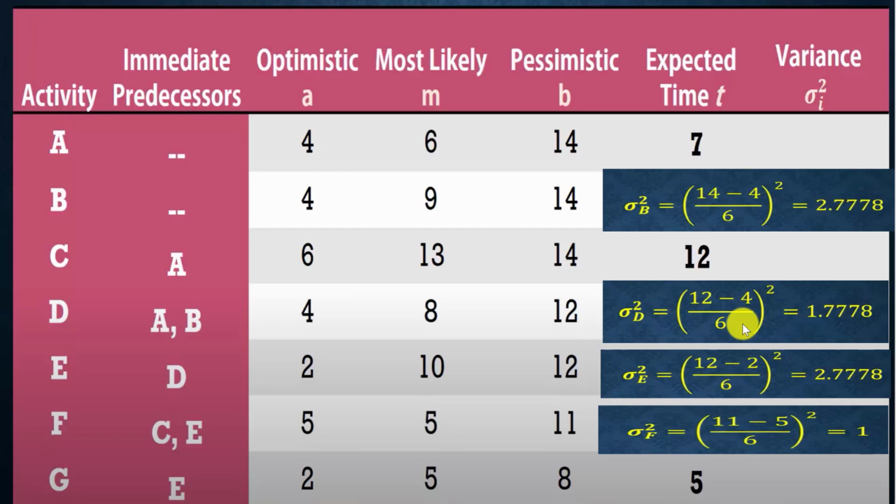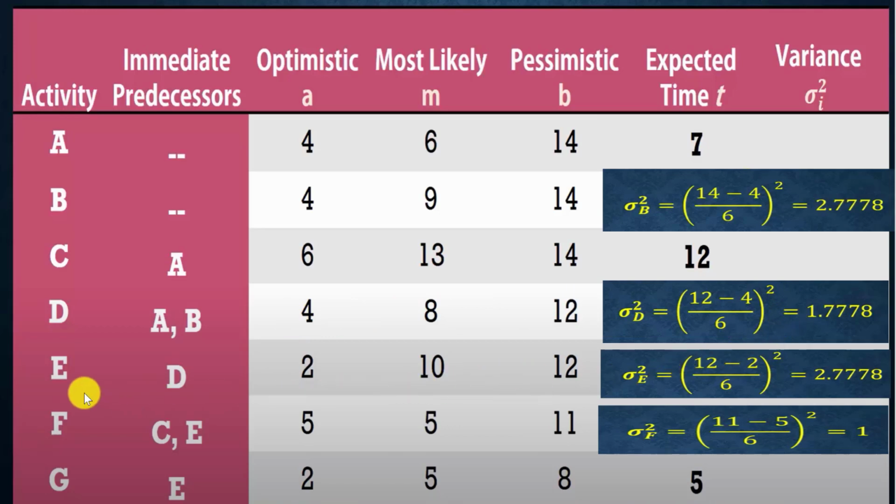So the first critical activity is B. To calculate the variance for B, it equals 14 minus 4, divided by 6, squared, which equals 2.7778. For activity D, 12 minus 4 divided by 6, squared, equals 1.7778.